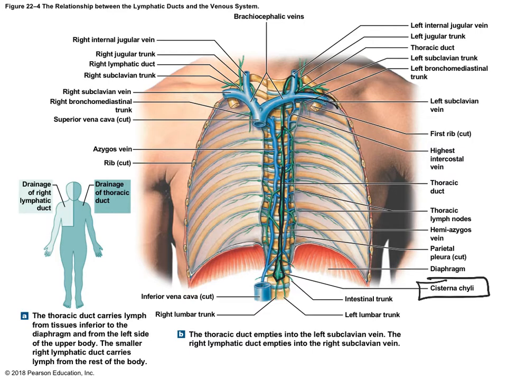So this is the left subclavian vein, and that drains into the left brachiocephalic vein. Over on the other side then, you can see here is that right lymphatic duct draining into the right subclavian vein. The right subclavian vein is draining into the right brachiocephalic vein, and those brachiocephalic veins come together then to form that superior vena cava. Right, so this is the superior vena cava.